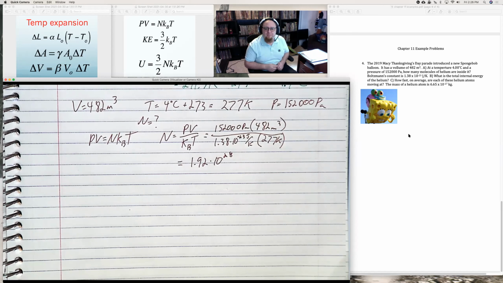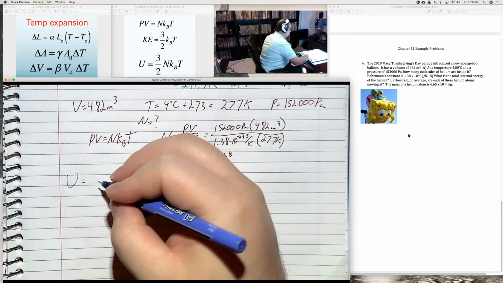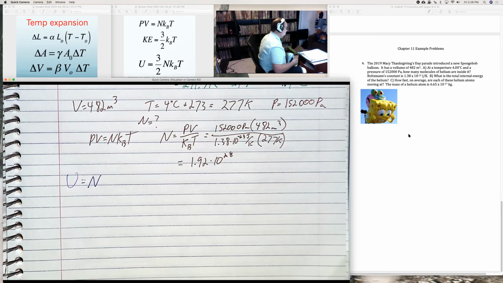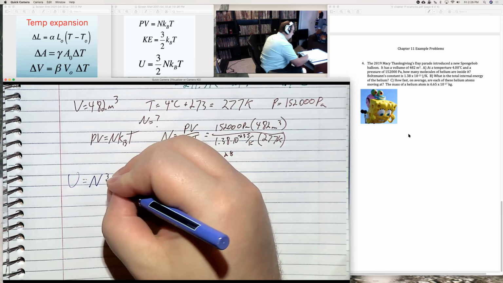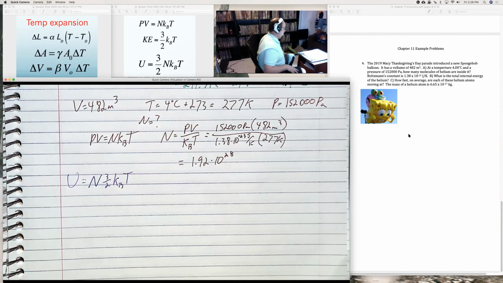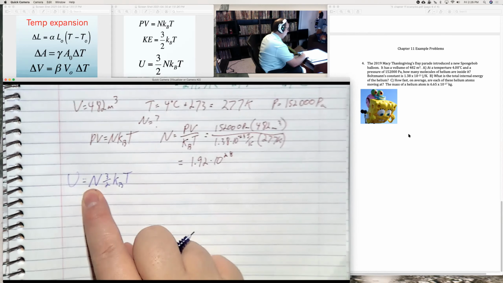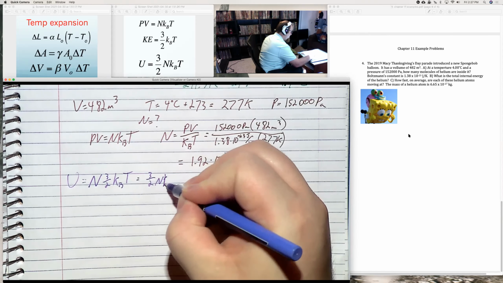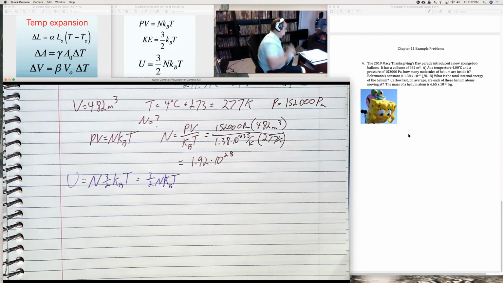So part B says, what is the total internal energy of the helium? Total internal energy uses the symbol U. And total internal energy is how many molecules you have times the energy of one molecule, which is 3/2 kT. It's kind of a weird way to write it like I just did, but I just want to get across it's how many molecules times the energy of one molecule. It's normally written like this, which is how it's on the screen.